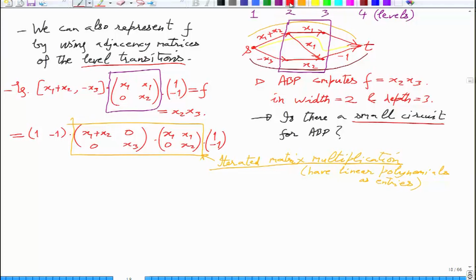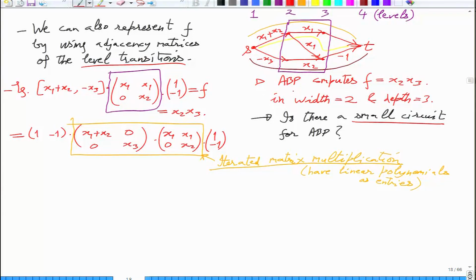You are using an entry around W square many times. And if you don't use that many times, then you will have to recompute that. So you'll have to make copies of that, so that in every multiplication it will blow up the formula size. So it is not a formula. I mean, it is not a small formula, but it is a small circuit. So that is a non-trivial thing.